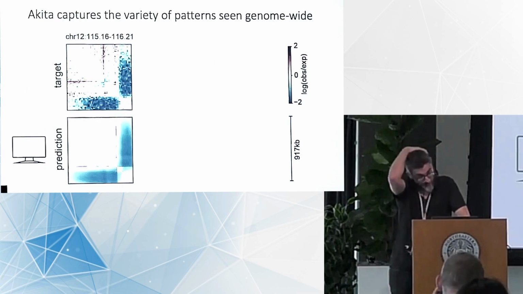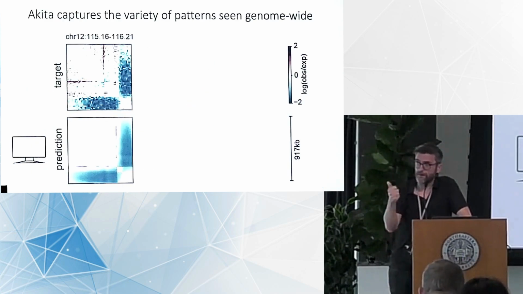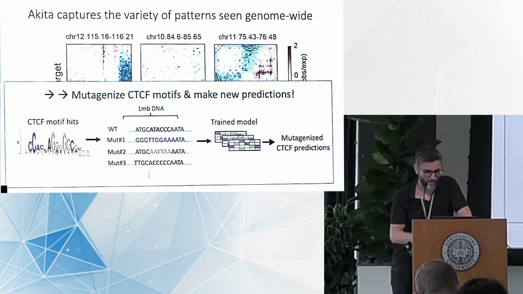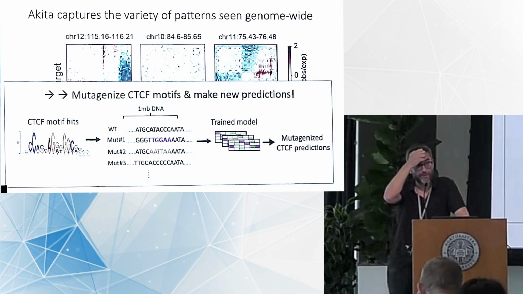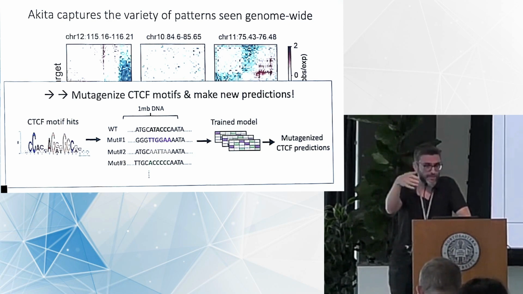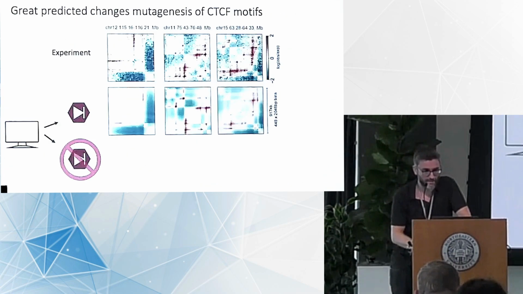So we talked about architecture, we did evaluation, interpretation. So what can we do with a model that takes in DNA as an input? We know CTCF is important, so we can mutate CTCF motifs and make new predictions. So that's what we did.